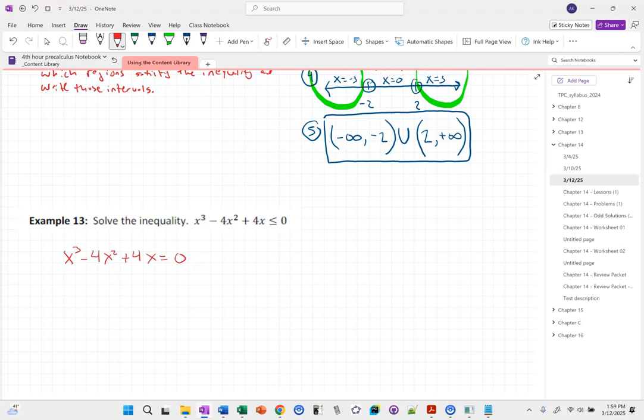To solve this polynomial, I'm going to start by factoring out a greatest common factor of x. And then the resulting x squared minus 4x plus 4, I notice, can factor. The two numbers that multiply to give me 4 and add to give me negative 4 are negative 2 and negative 2.